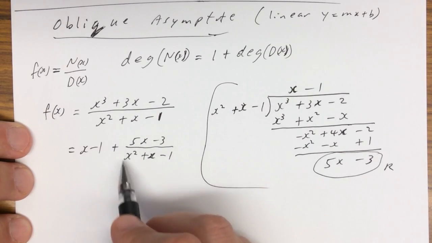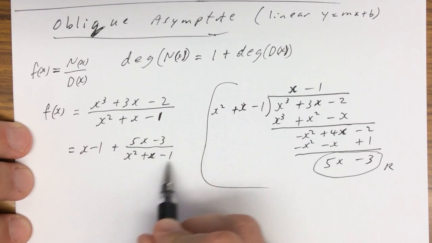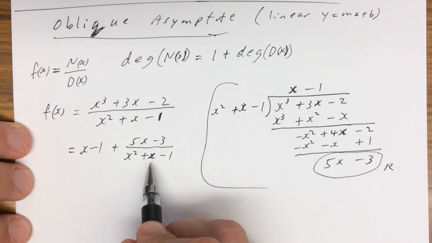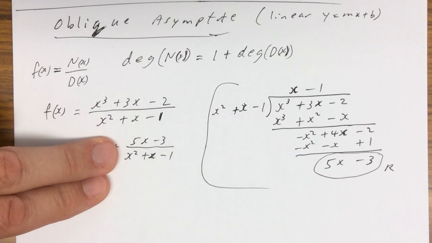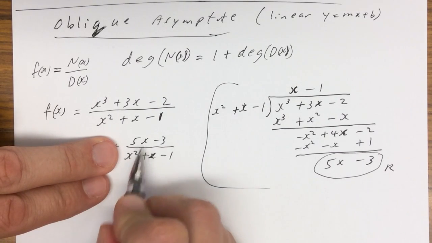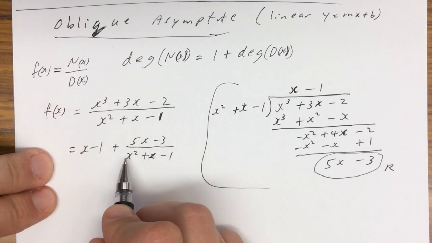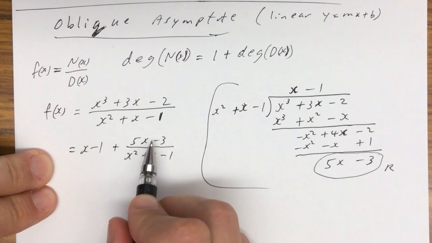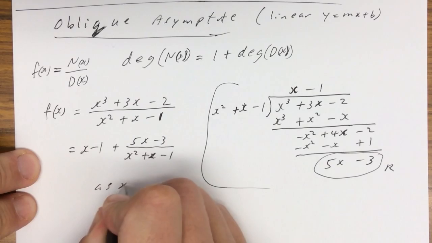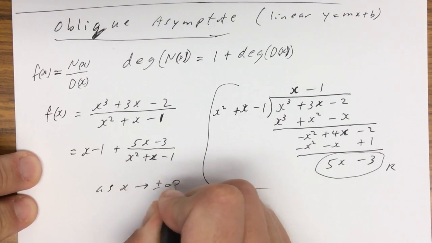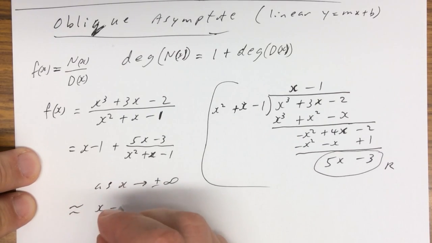What we already know is that when the degree of the bottom is bigger than the top, this thing tends to 0. The horizontal asymptote of something that looks like this is the x-axis when the degree of the bottom is bigger than the top. And this will always be the case when we divide these two, so the bottom will be higher than the top. So as x goes to plus or minus infinity, this approximately equals x minus 1.